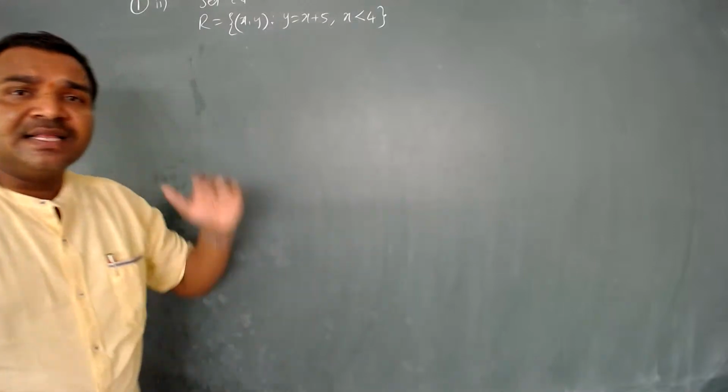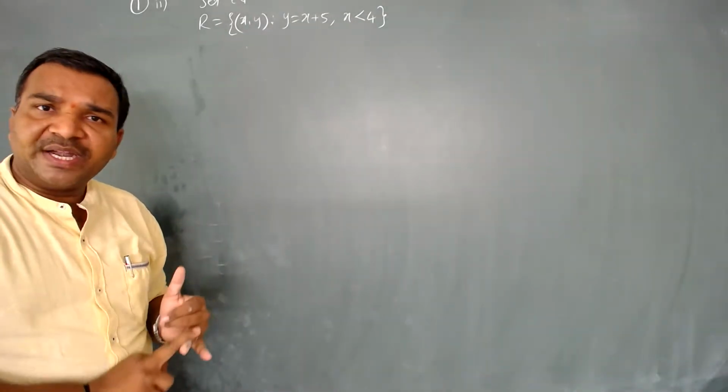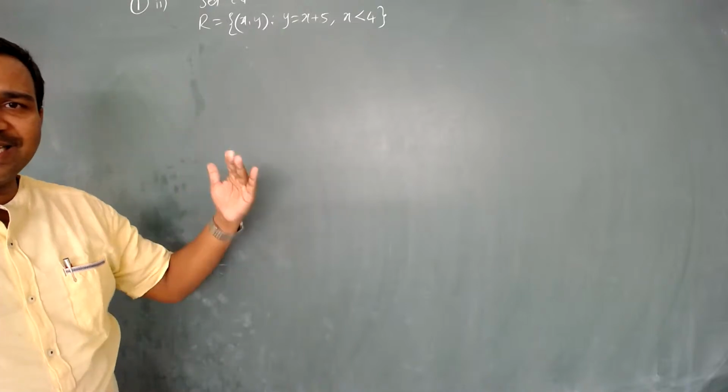So a relation is given on set N, and we have to check whether this relation is reflexive, symmetric, and transitive.